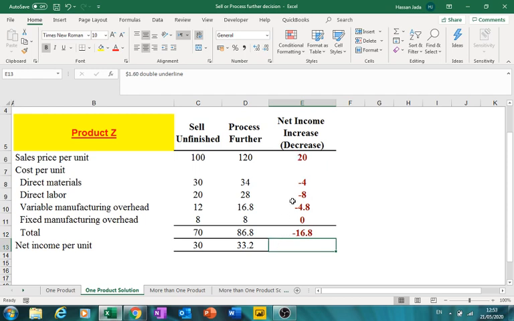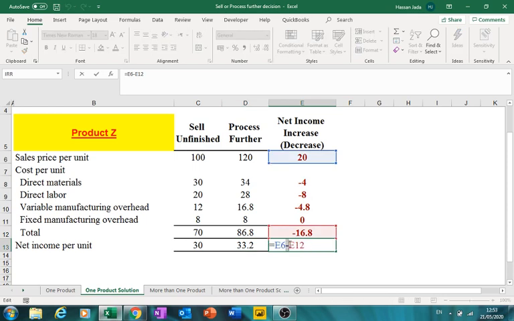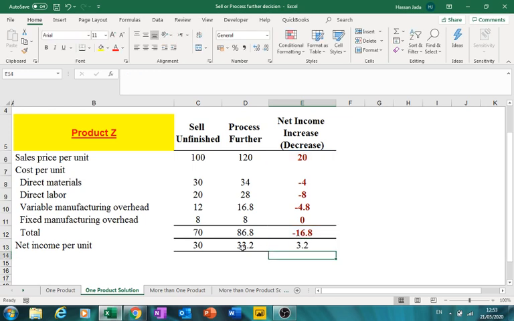The net result equals $20 minus $16.80, or we can simply say 33.2 minus 30, which is a $3.2 increase in net income.